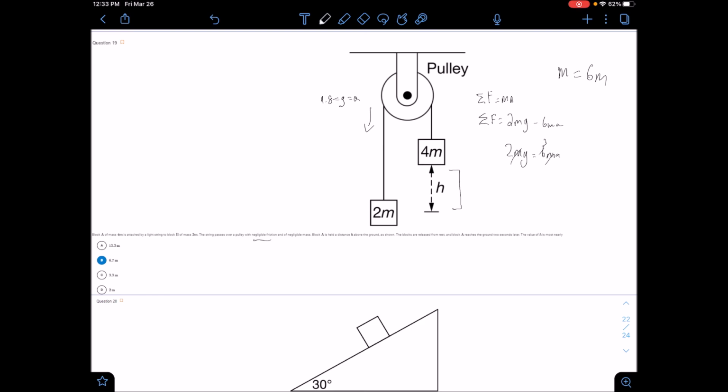We can simplify this: the 2 over 6 simplifies to 1/3, so 1/3 g is equal to the acceleration.